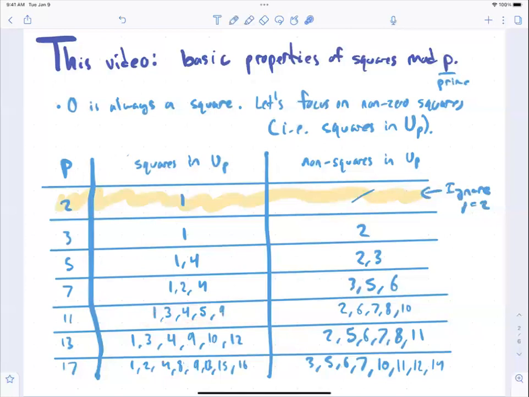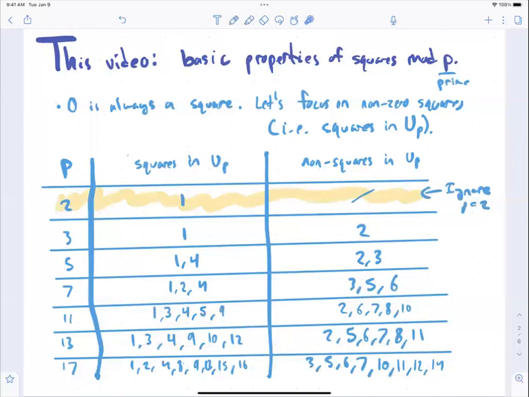I'll give another explanation in a second, which is even shorter and simpler. But good. So there are always (p minus 1)/2 squares, and the rest are non-squares. So there are also (p minus 1)/2 non-squares. Certainly we see that in these examples.